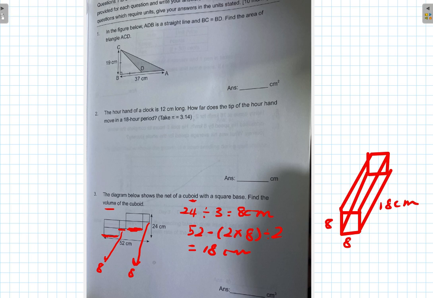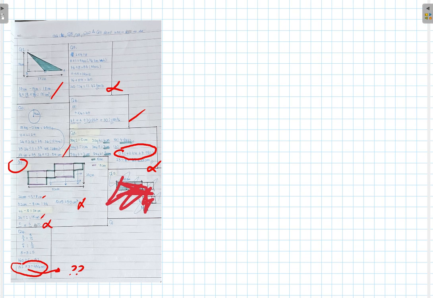So your volume will be 8 times 8 times 18 centimeter. These are all centimeter. Give me a value of 1152 centimeter cube.